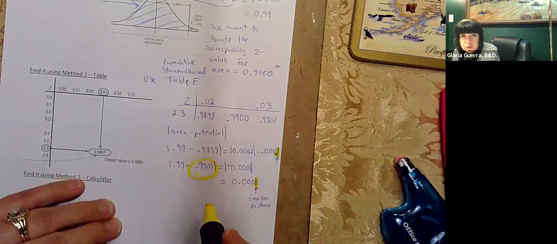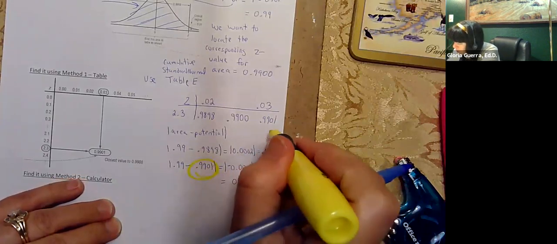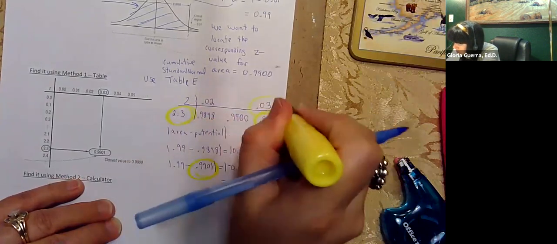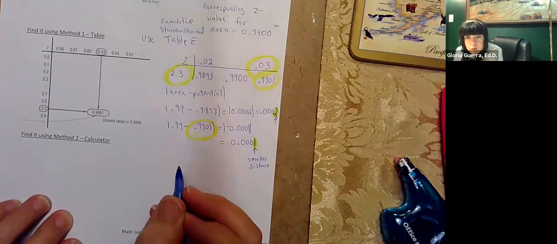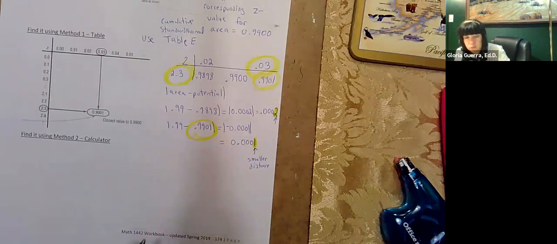So when you backtrack, you're going to backtrack to the 0.9901. So that means you want to go with the 2.33. Remember, it's going to be positive.